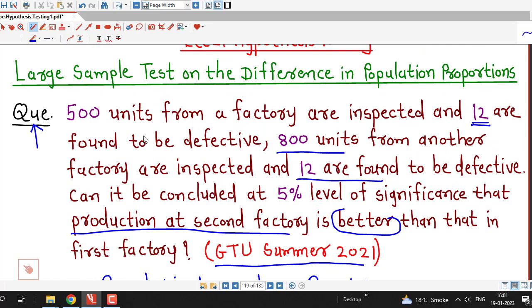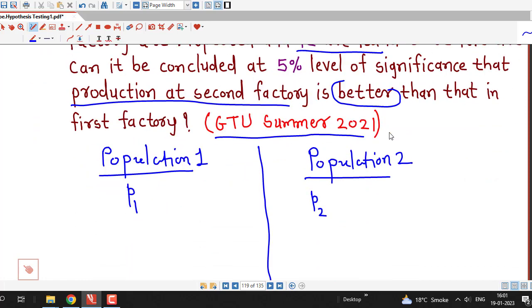They are considering 500 units from factory 1 and they find that 12 are defective. So here we have a sample of size 500 and the number of defective units in this sample is 12.